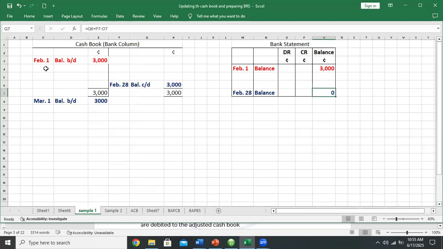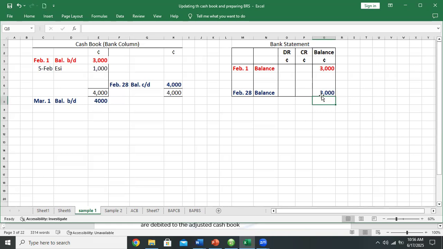We received a check on the 5th of February from AC. So it's expected that this check, let's say 1,000 Ghana cedis, will be brought to the bank for it to be credited, because when we receive the check, the bank will have to credit the account. So if this check has not been credited by the bank, you would all realize that our balance on the bank statement will be saying 3,000.